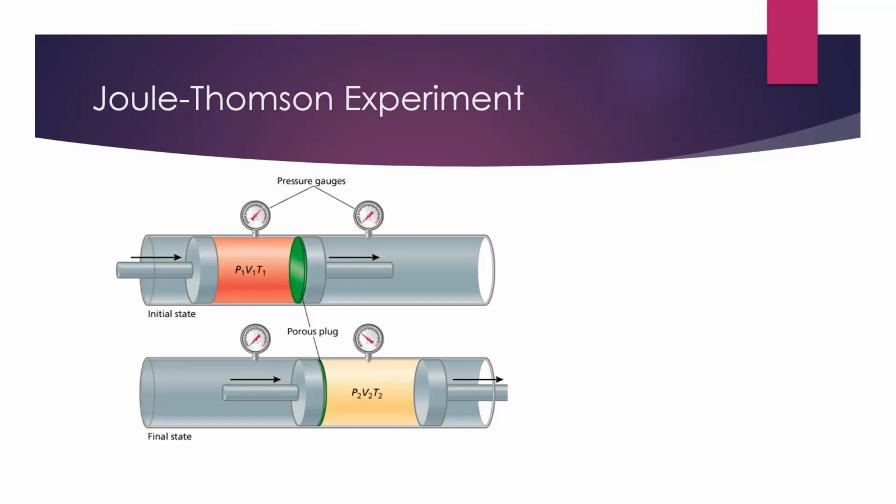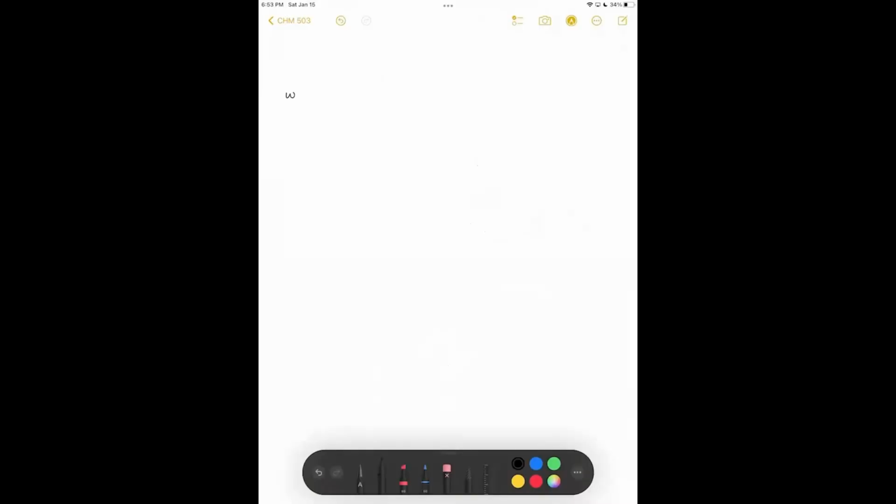The total work is going to be equal to the work done on this side and then on this side of the process. So let's go back to the board and look at how we can describe the work for this process. The total work is equal to the work done on the left side plus the work done on the right side. Since these are done under constant external pressures, they're simply equal to the following.